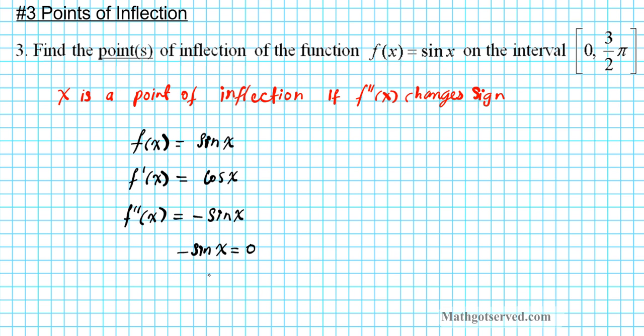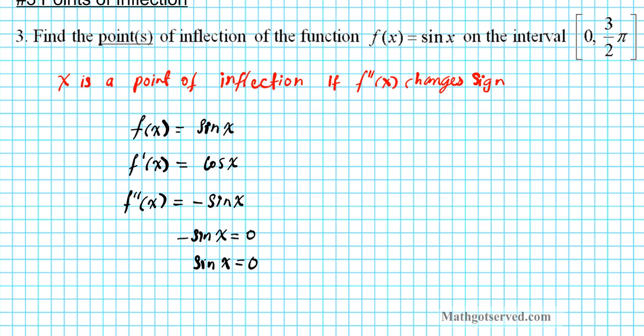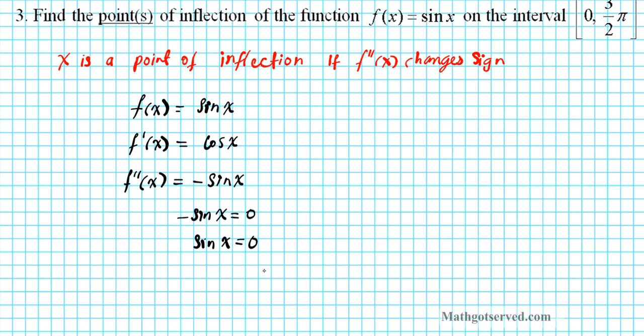So if you solve this equation, we have sine x equals 0, dividing both sides by negative. And when is sine x equal to 0? We know that sine x is equal to 0 whenever x is an integer multiple of pi.